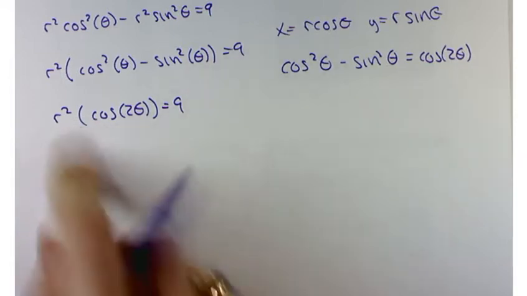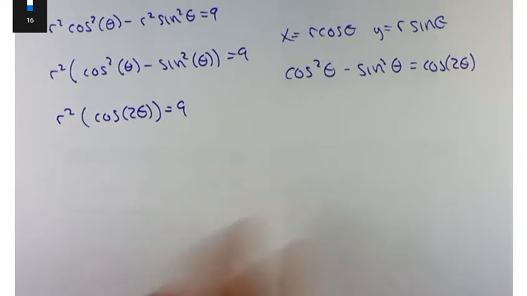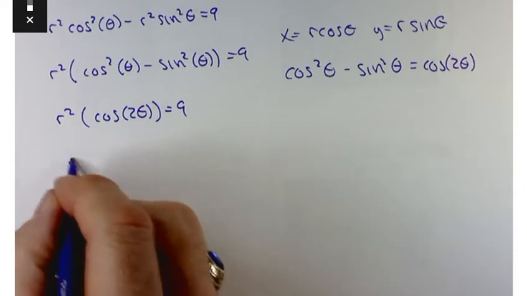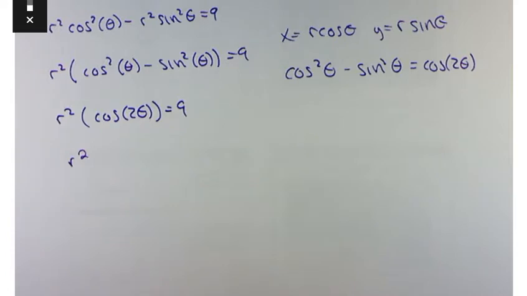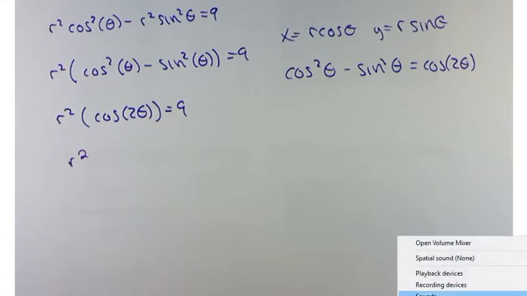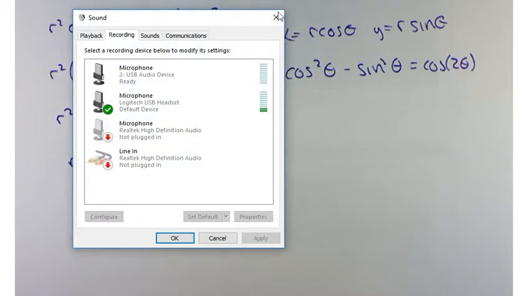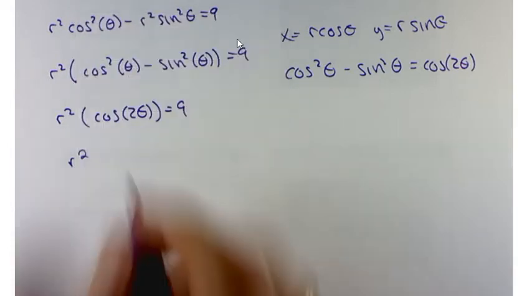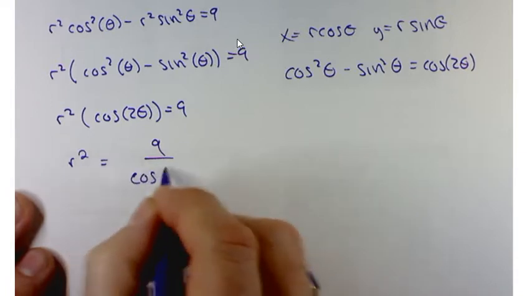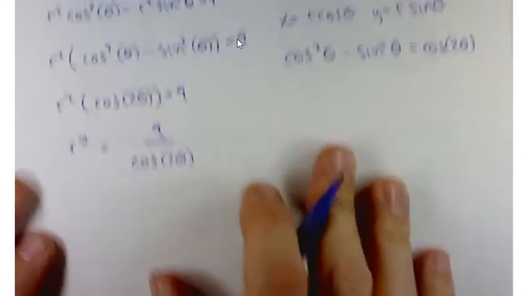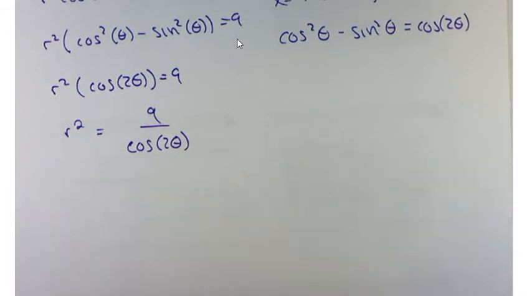What are we going to do to solve for r? Anybody? All right, divide by cosine of 2 theta. Let me just do a sound check here to make sure we've still got sound. Yes. Okay. r squared equals 9 divided by cosine of 2 theta. Then what?